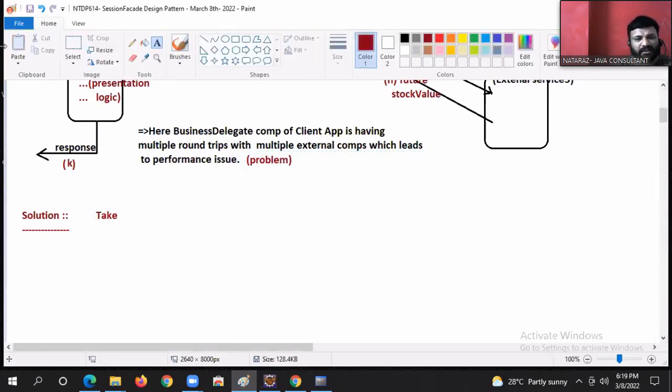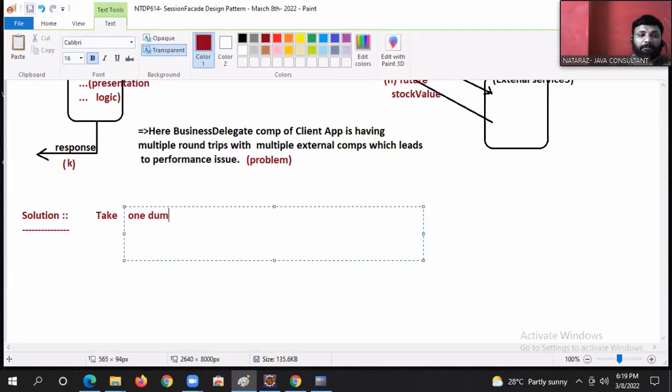The solution is to take one dummy external component along with multiple real external components.